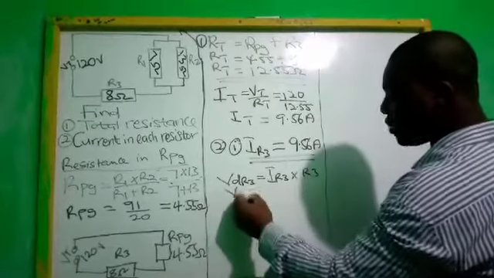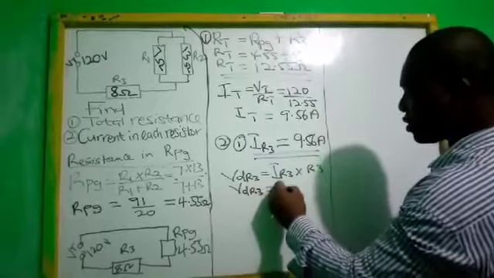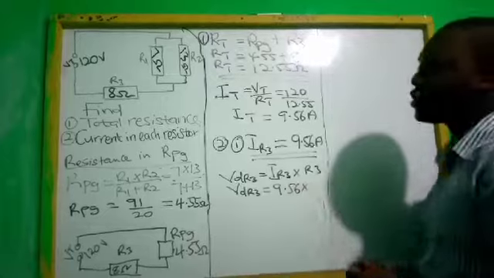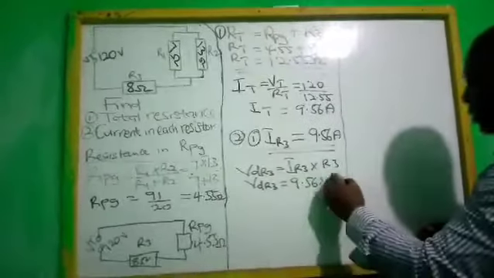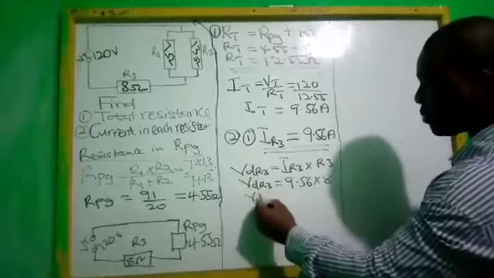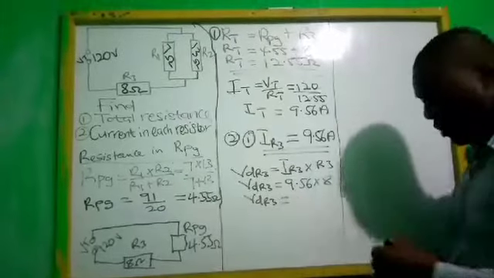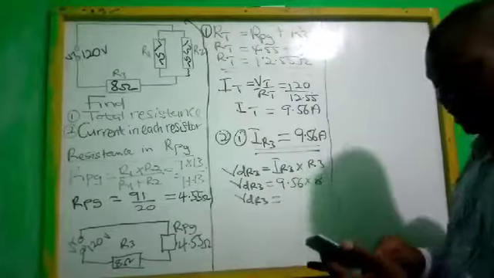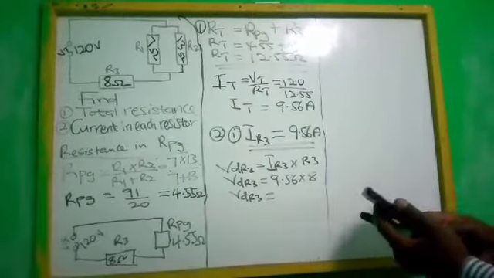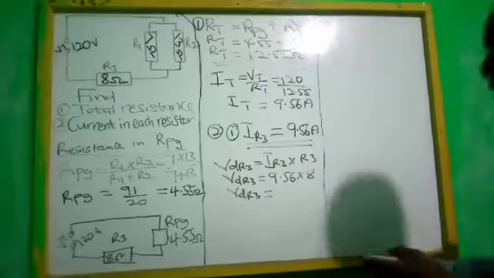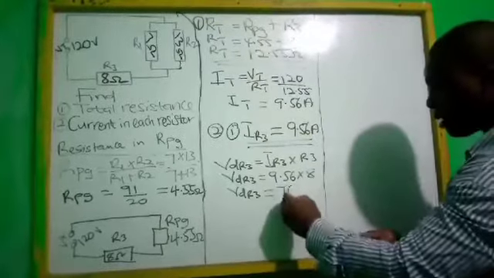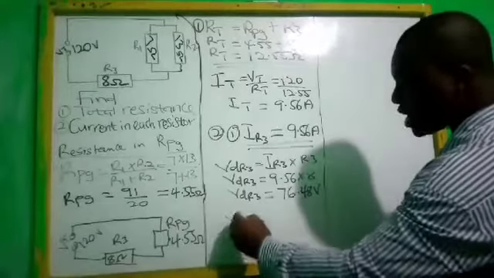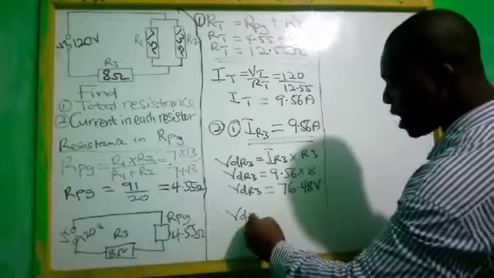So voltage drop in R3 is equal to 9.56 times R3, which is 8. 9.56 times 8, we have our answer as 76.48 volts.